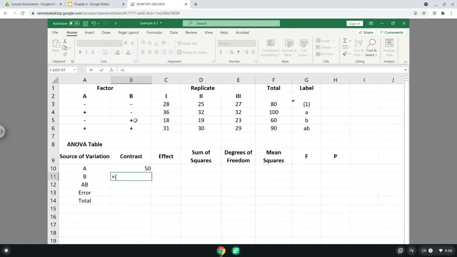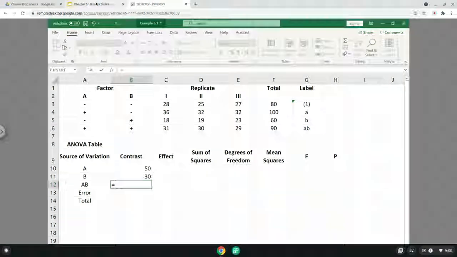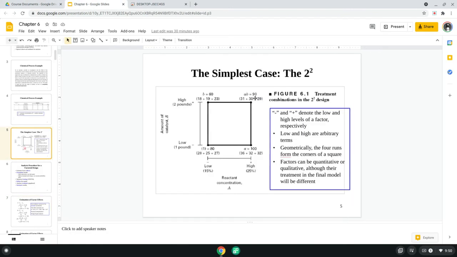So these two looks like high b, so this plus this minus, we have to subtract the sum of these two values from that, because these are the two low b values. So this plus this value, so that's minus 30. And for interaction, we gonna do these diagonal values and subtract these diagonal values from that.